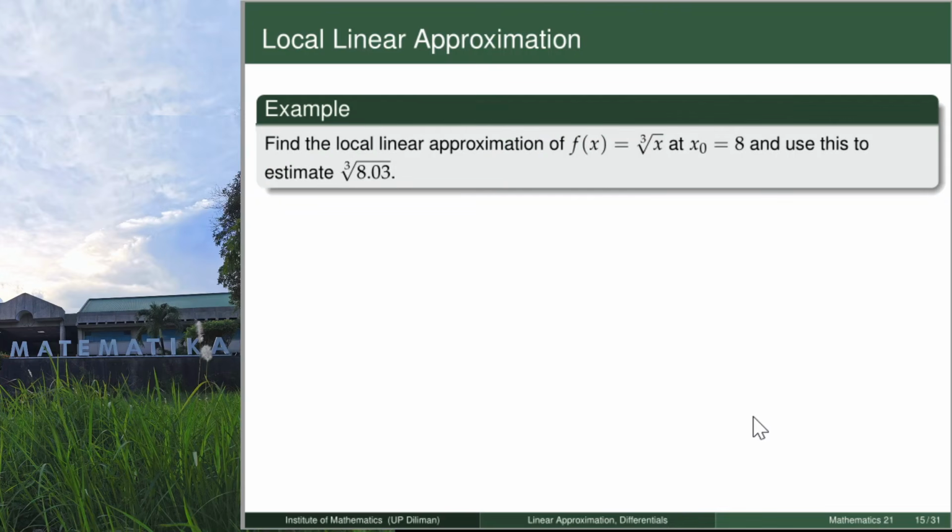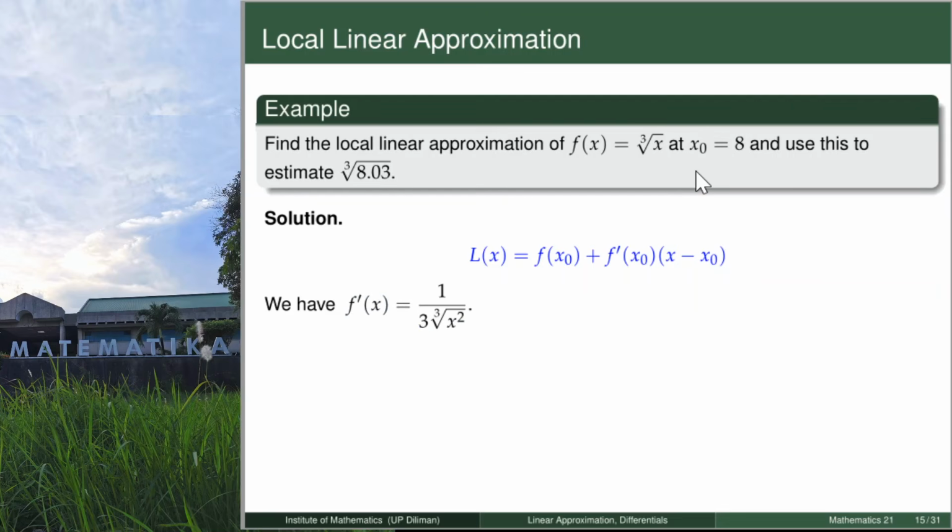So let's have our first example. Find the local linear approximation of this function f at x naught equals 8 and use this to estimate this constant, right? So how do we start? Again, let's write the formula for the local linear approximation. So it's this linear function. So all we need are what? The function f and x0, both are given, so plug it in. First, we have to get your derivative of f, very simple.